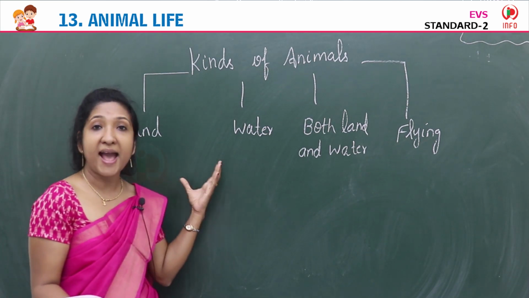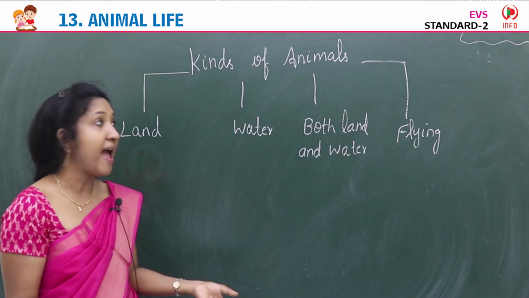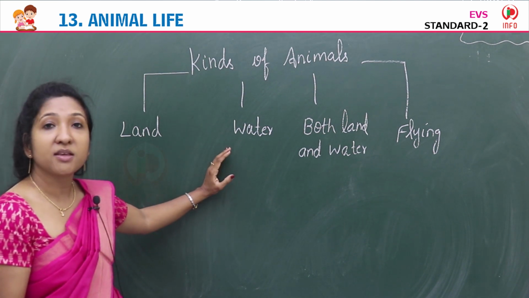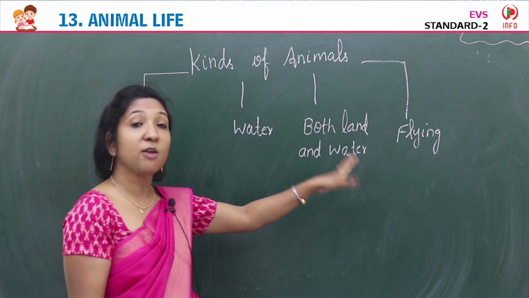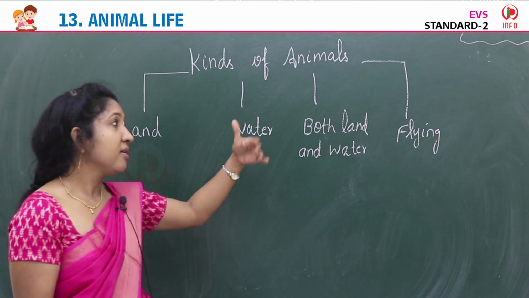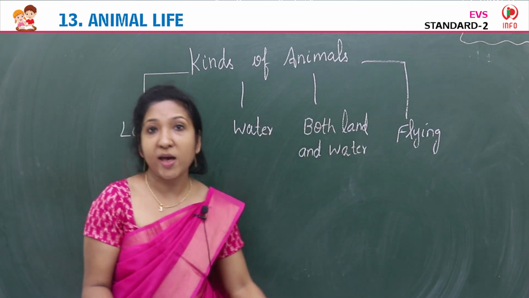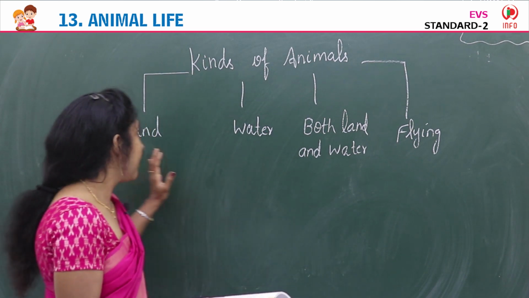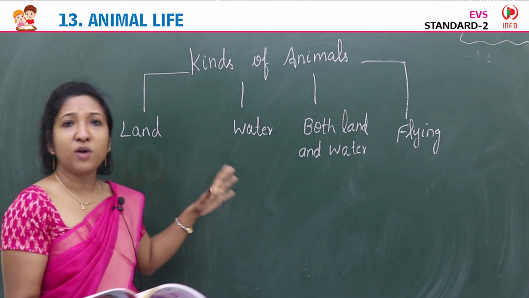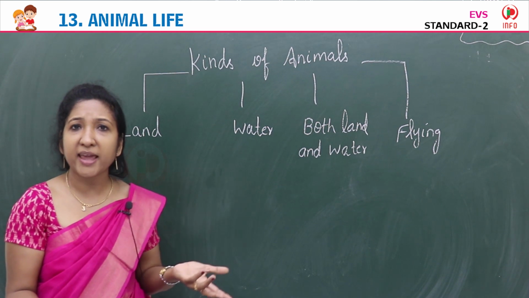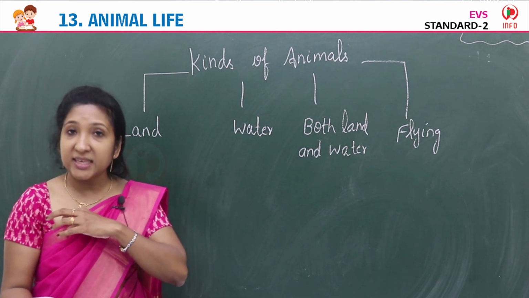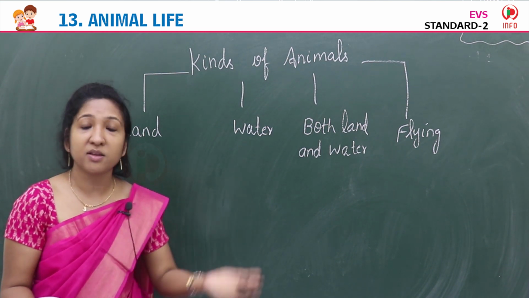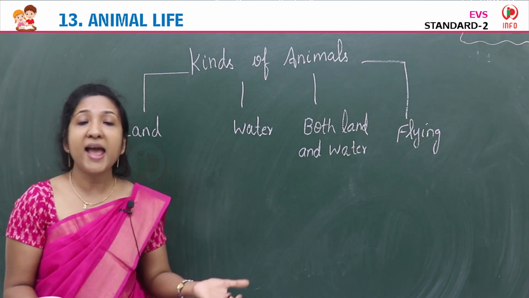We can see land animals, animals that live on land. There are animals that live in water. There are animals that live both on land and in water. There are flying animals also, animals that fly. First comes land animals, animals that live on land. Whatever animals you can see around, and the animals in the forest, they are all land animals.